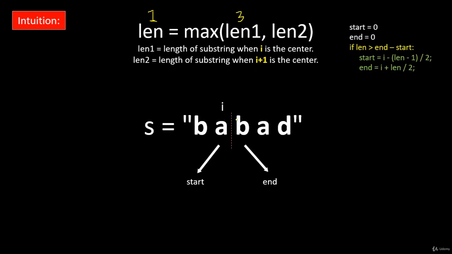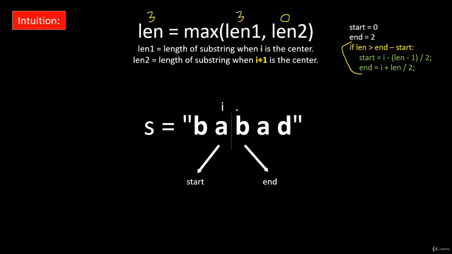When we have this center, start equals A, end equals B, and they are not equal. So the length at this center, i plus 1, is 0. So max of 3 and 0 is 3. In this case, start and end will be changed. Start will be 0 and end will be 2. You can calculate using this formula.